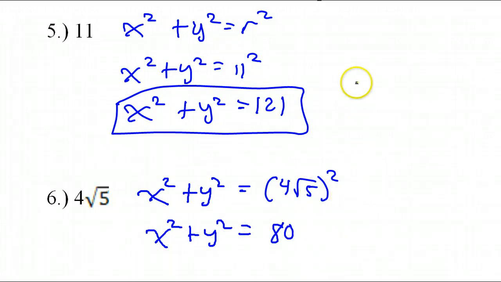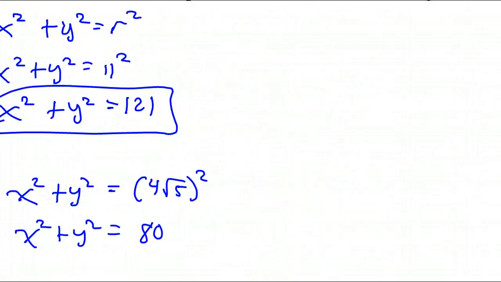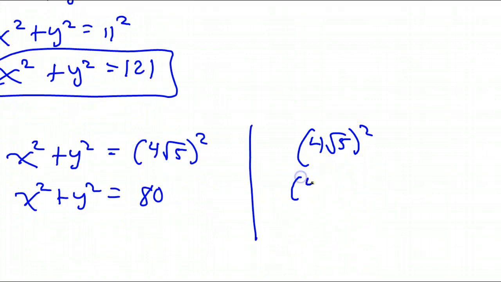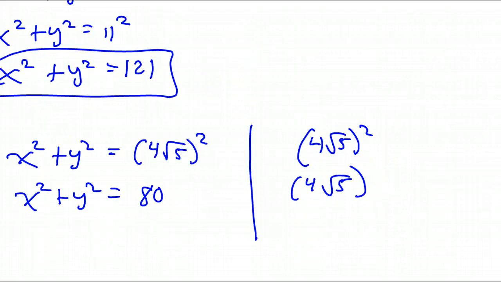Now, say if you were not allowed to use the TI-30XS MultiView, then if I want to do 4 radical 5 squared, I just have to realize that is 4 radical 5 times 4 radical 5. All right, 4 times 4 is 16.